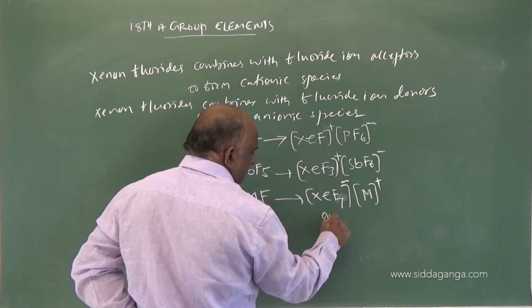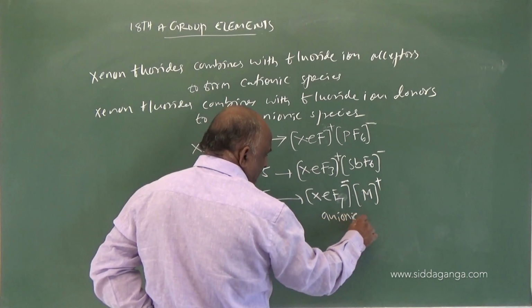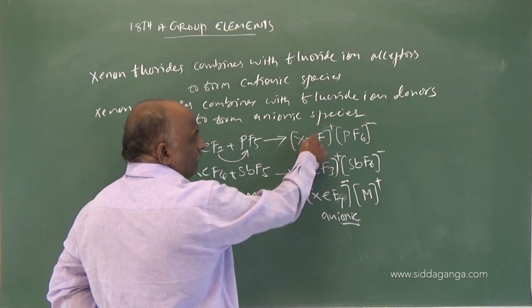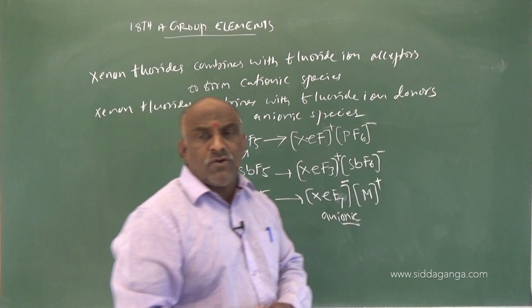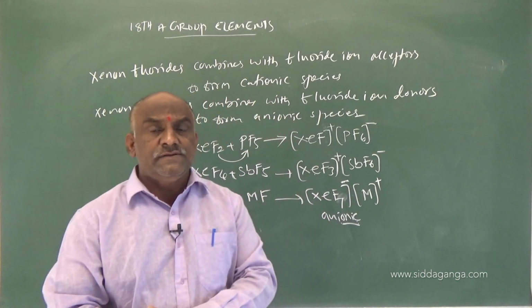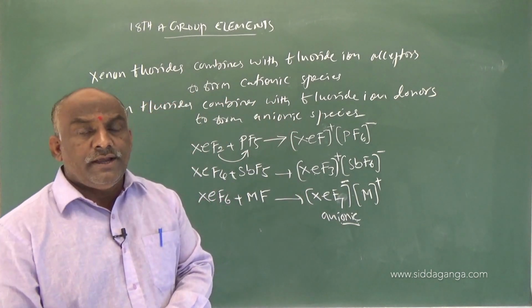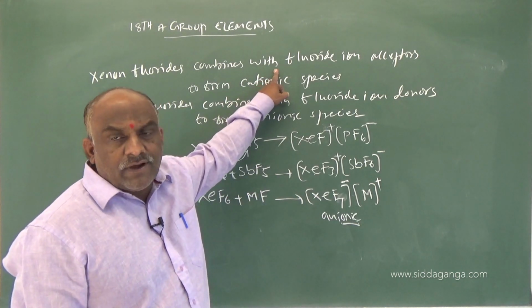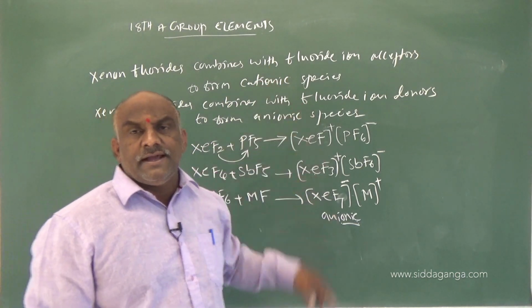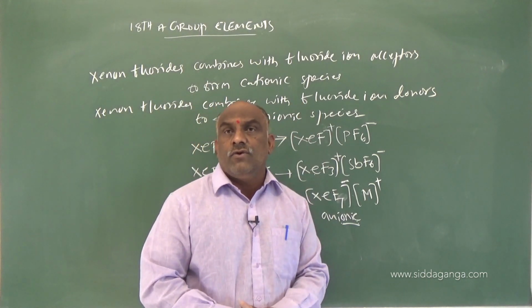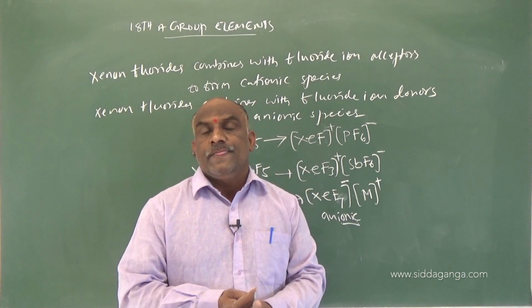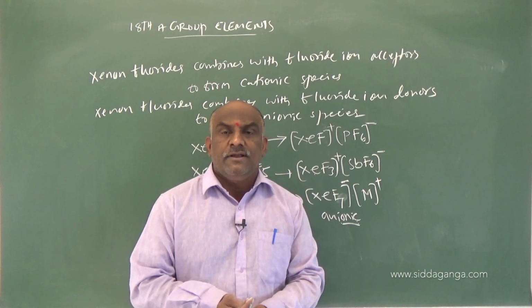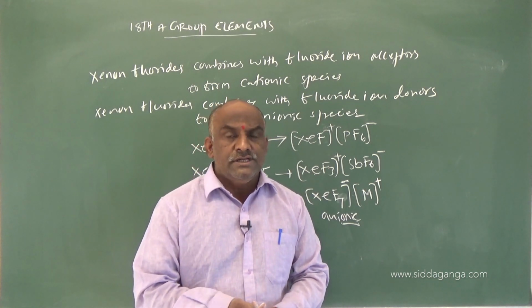This is the anionic species, and that is the cationic species. So xenon fluorides combined with fluoride ion acceptors give cationic species, while fluoride ion donors give anionic species. Clear?